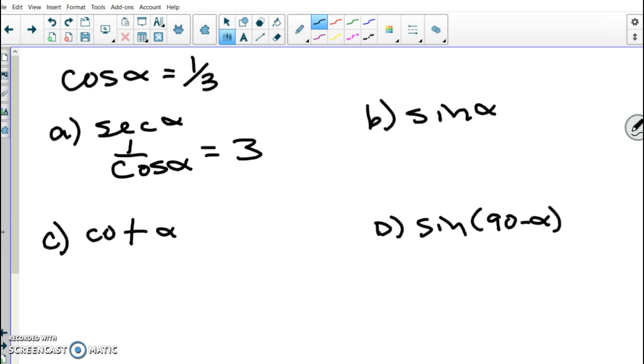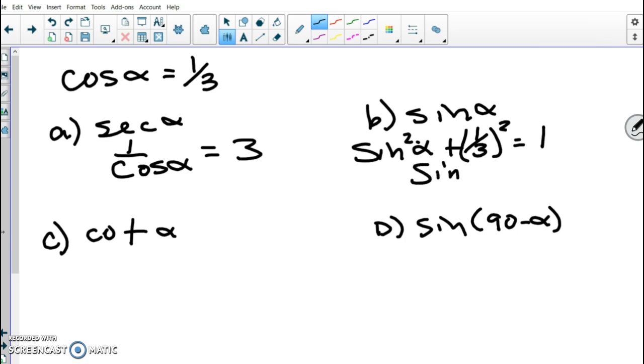That's a good one. Part B, we have the Pythagorean identity, sine squared plus cosine squared equals 1. We can use that here. We're solving for sine, so we can use sine squared alpha plus cosine squared, which is what we have in the original part of the problem, is equal to 1.